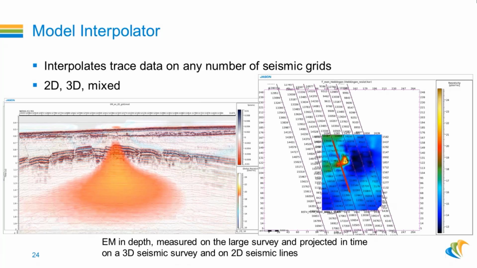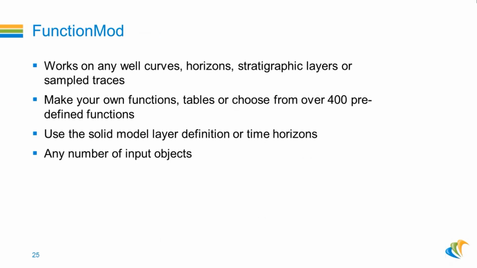You can see the background seismic of a 2D line, the interpreted horizons of the 3D seismic survey, and the electromagnetic response of the larger survey. The map, by the way, shown on the seismic survey on the right is actually an attribute extraction along a reservoir horizon from the electromagnetic survey. So this is quite a flexible tool as well.